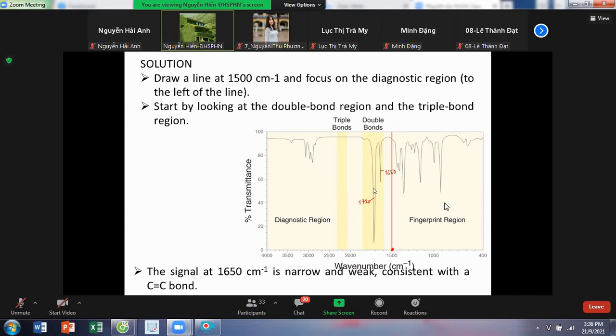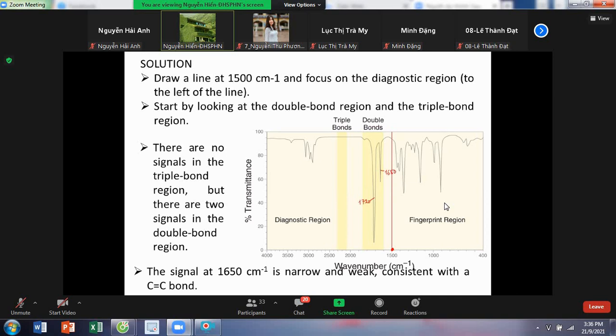In the double bond region you have two important signals corresponding to the C=C and C=O double bonds. No signal in the triple bond region. So this is a C=O, this is a C=C. But now you have to decide if the two double bonds are next to each other or isolated.